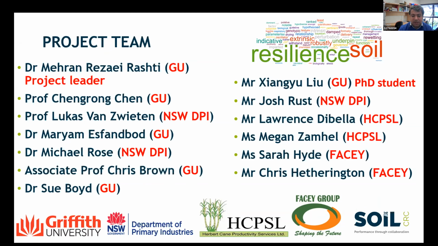One is Herbert Cane Productivity Services from Queensland, which I see Richard is representing here. And also the FACEI group from Western Australia. The FACEI group mainly deals with drought problems, and Queensland farmers mainly have issues with compaction.